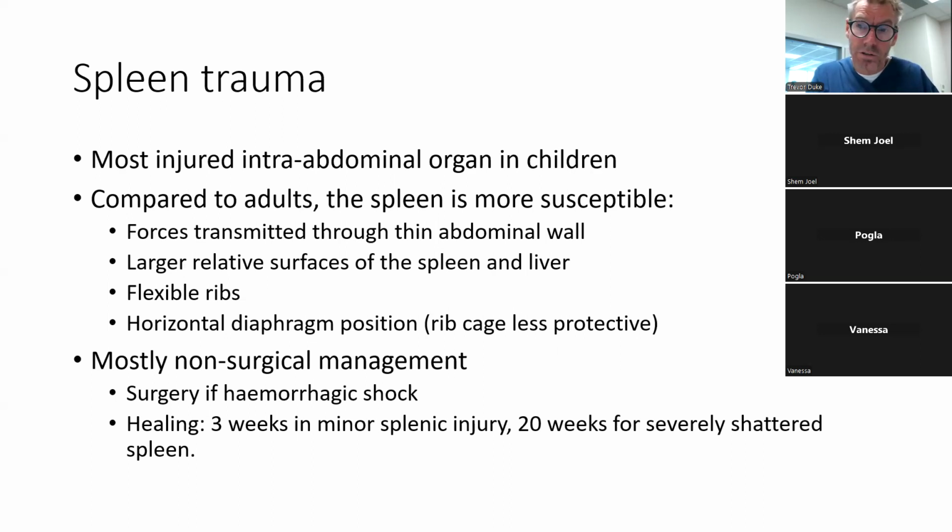These days, surgeons do everything they can to avoid taking the spleen out and to protect whatever spleen can be functioning. It takes a long time for the spleen to heal, though, at least 3 weeks, even with a minor splenic injury, and up to 20 weeks or more if you've got a severely shattered spleen.